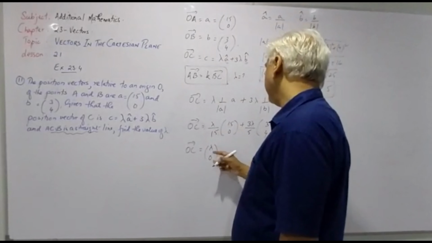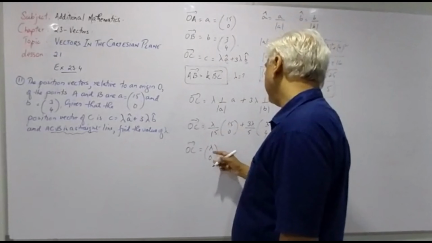BC is equal to BO plus OC. Or I can say BC is equal to OC minus OB. So BC would be equal to OC, which we know is 14 lambda upon 5, 12 lambda over 5, minus OB, which is 3 and 4.